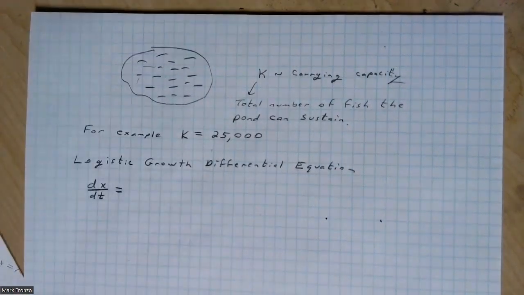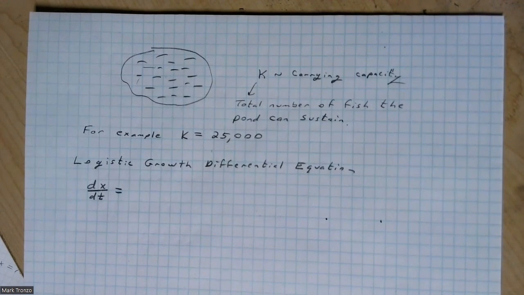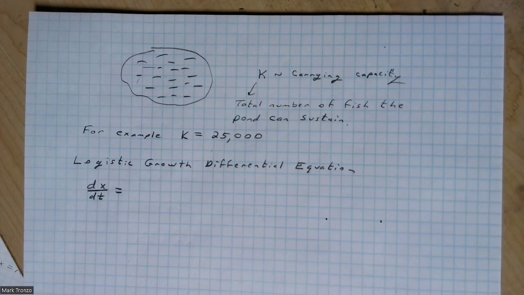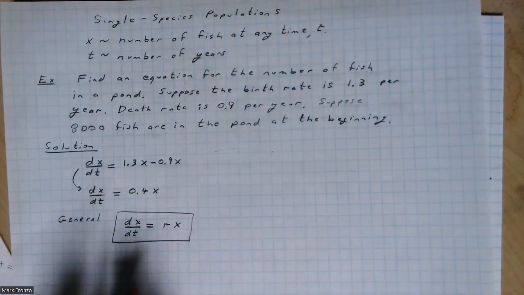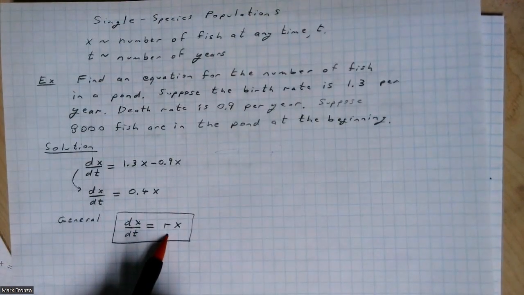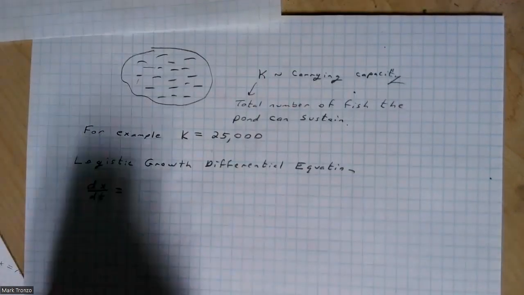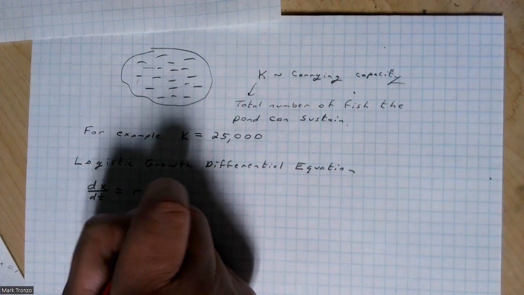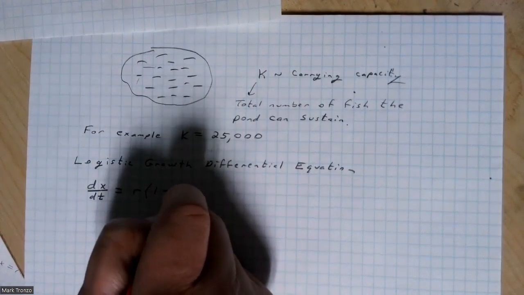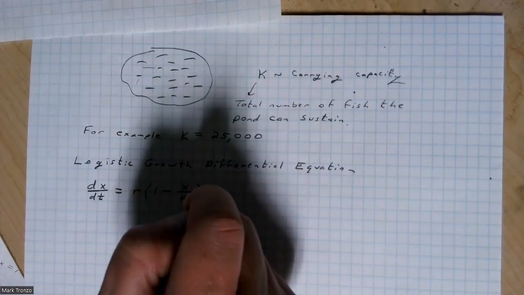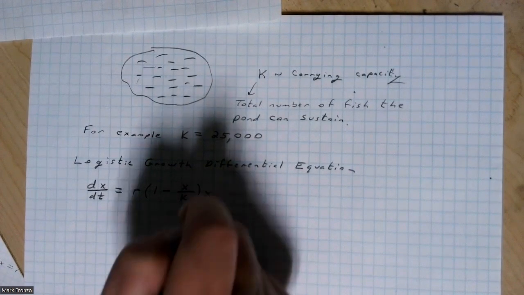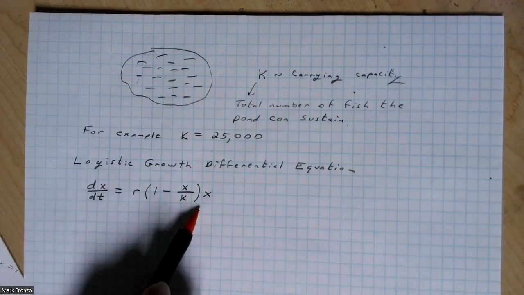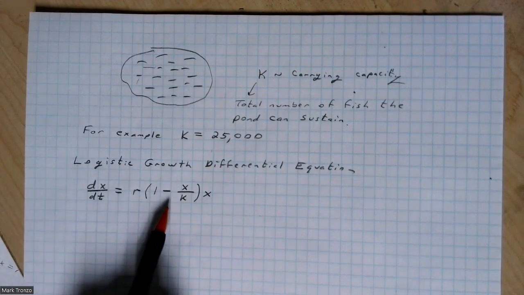Then the change in X will be, say, R times X here. But the only thing is, there's going to be a limitation. So R times X, but in between there, we're going to put a term like this. So instead of Rx, we have this logistic term.